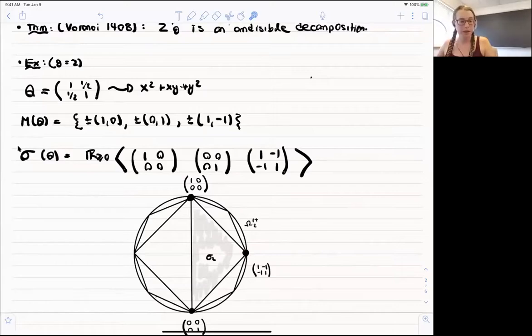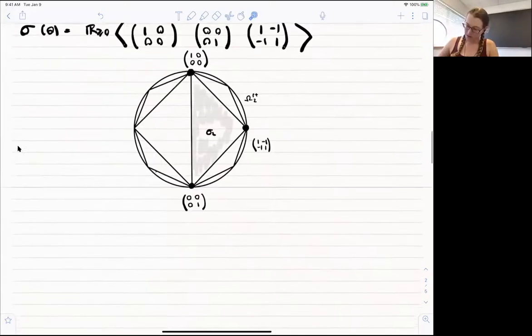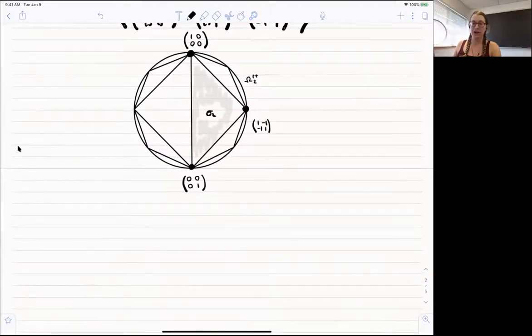Okay, and so I'm almost at the point where I can tell you what this chain complex is. So how do we actually construct the chain complex? But I need one more definition.